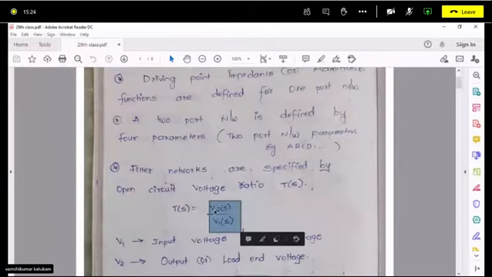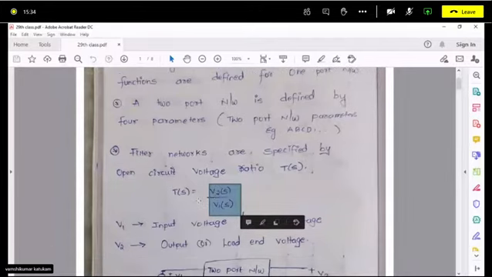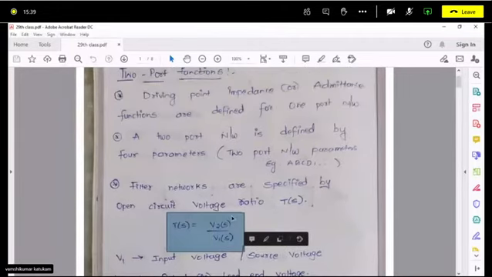Both are network functions only. For a two-port network, the transfer function is the open circuit voltage ratio, V2 upon V1.